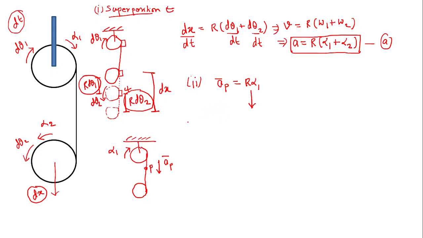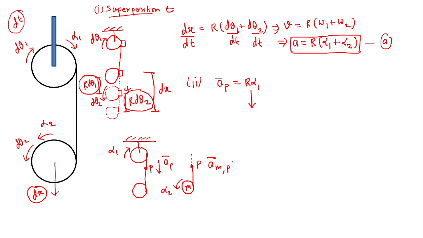Now you forget the upper part and just focus on the lower part. This is something like this, and its angular acceleration is alpha 2 as we assume. This is point P, and this is, let us say, mass m. What do you feel the acceleration of m with respect to P will be?